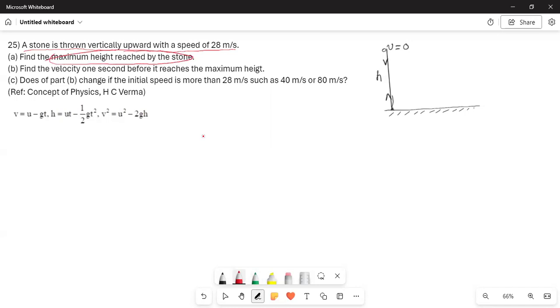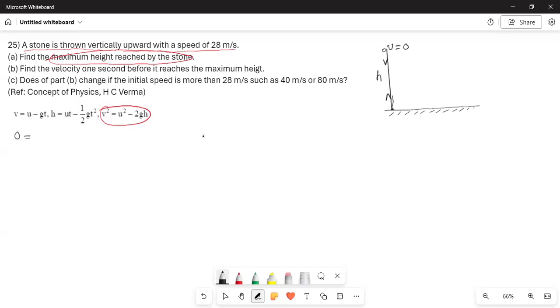The answer to this question is quite easy. You can use this equation from the kinematics of vertical motion.